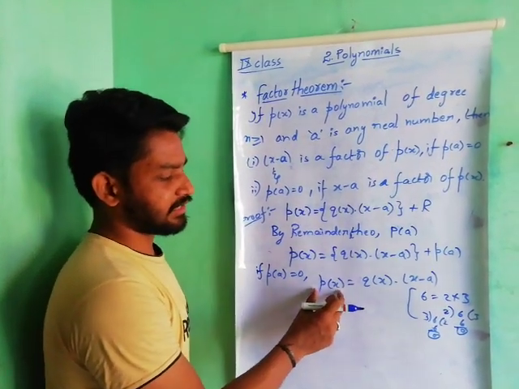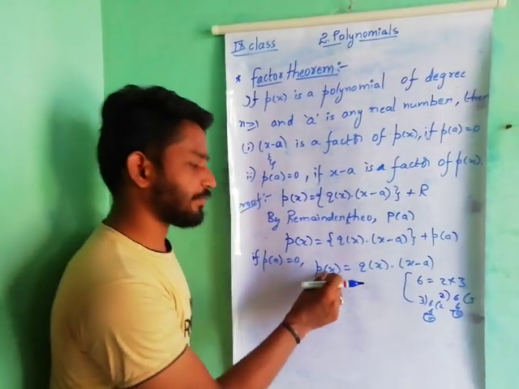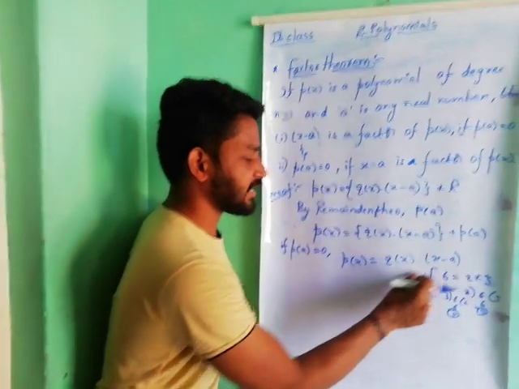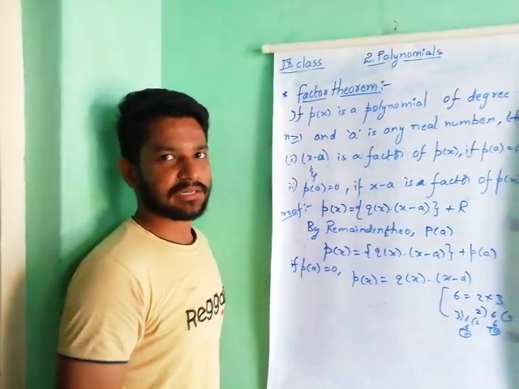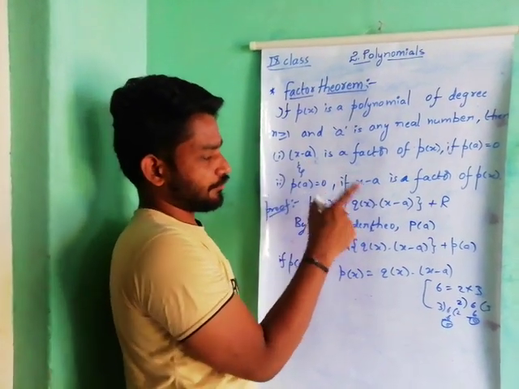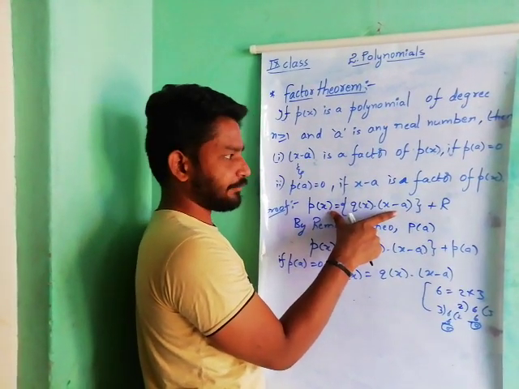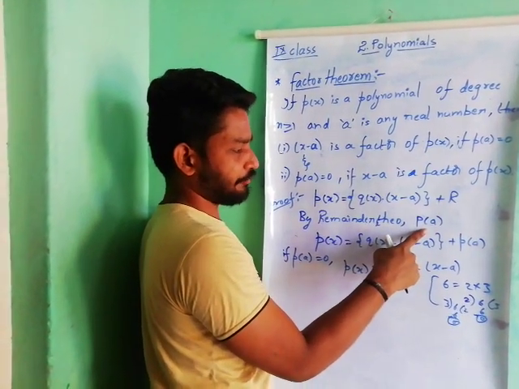Similarly, p of x is split into two parts: q of x is a factor of p of x, and x minus a is also a factor of p of x. Understand the proof? So the first part is completed. First I take the identity. By the remainder theorem, the remainder is equal to p of a.